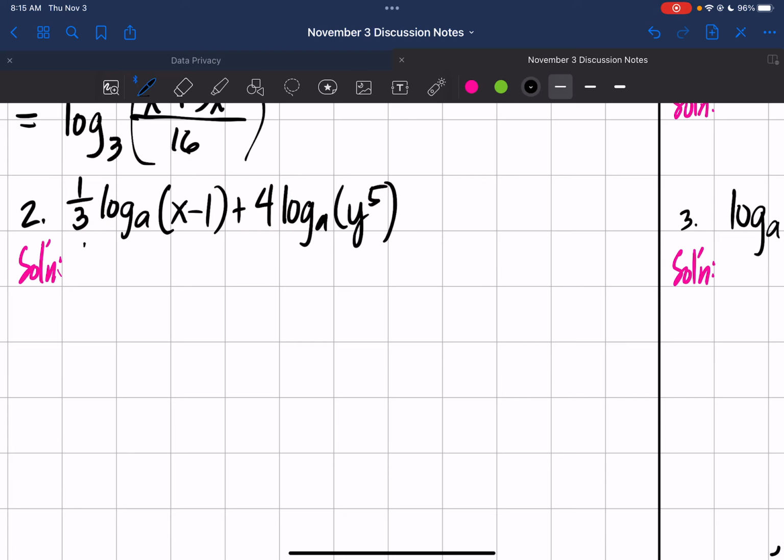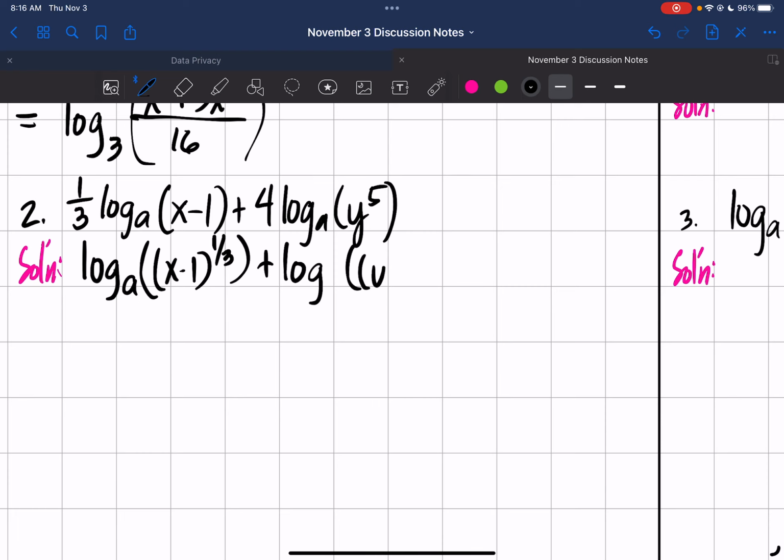So, this one would become log of the quantity x minus 1 raised to 1/3 base a plus log of y raised to 5, and we put this inside, so raised to 4 base a. Class, let's simplify first what's inside.